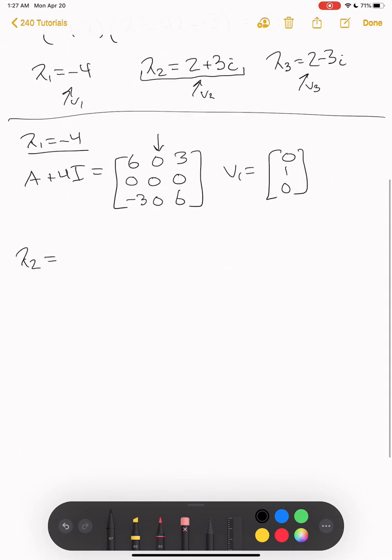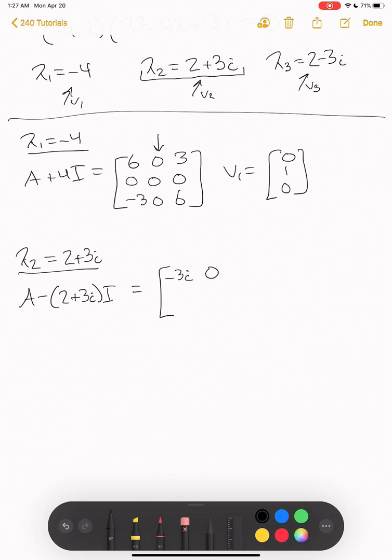Lambda 2 is 2 plus 3i, and this is going to look a little weird, but we might have seen it before. So I have A minus (2 plus 3i) times the identity. That gives me negative 3i, 0, 3; 0, negative 6 minus 3i, 0; and then negative 3, 0, and negative 3i.